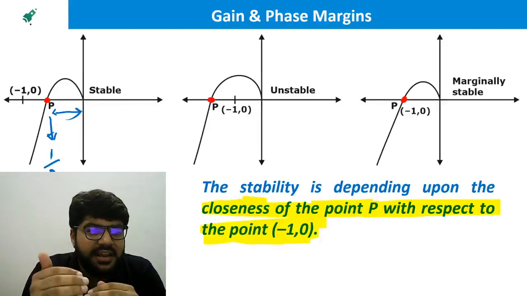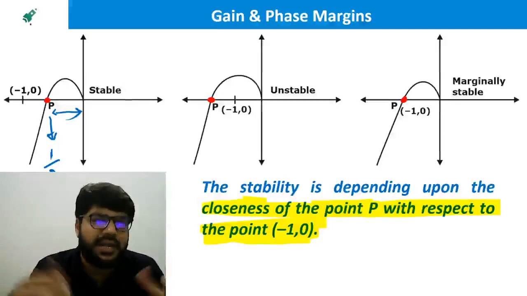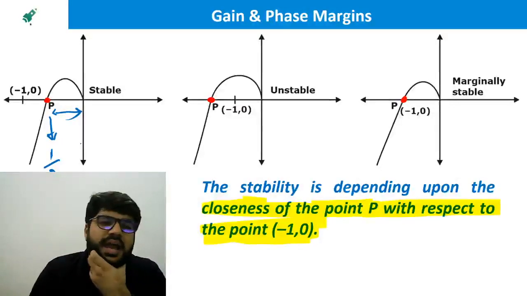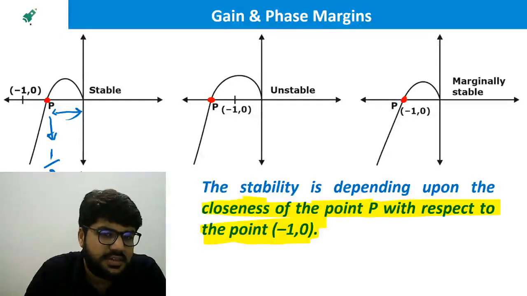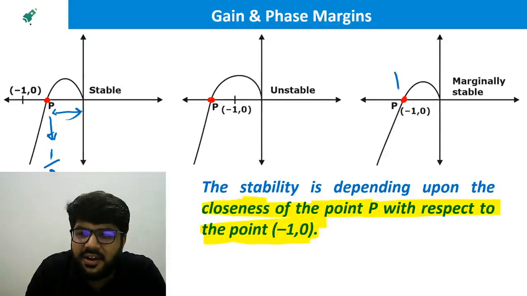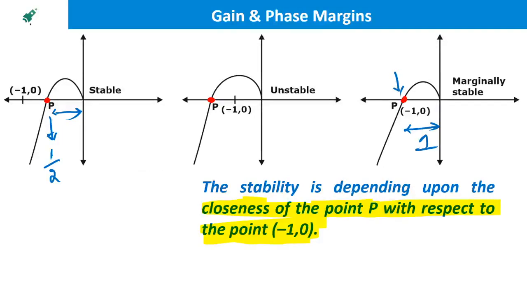Yes. And by how much can you increase the gain of the system? You can maximum increase the gain of the system until it reaches 1. So my current gain is half. I can double the gain. I can amplify the gain by a factor of 2, and 1 by 2 into 2 will be equal to 1.